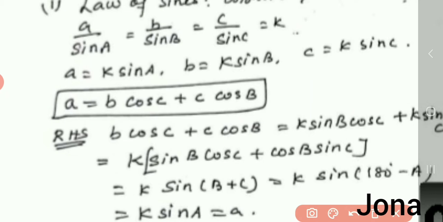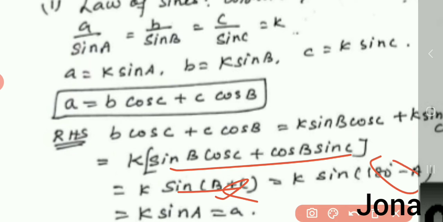Take the right hand side, b cos C plus c cos B, substitute the value of b and c: b is k sin B into cos C plus c is k sin C into cos B. Now here k is common, so take k as common, therefore k into sin B cos C plus cos B sin C. This bracket can be written in the form of sin of B plus C, as it is in the form of sin of A plus B. Therefore we have k into sin of B plus C. This B plus C can be written as pi minus A. Sin of pi minus A is nothing but sin A only.